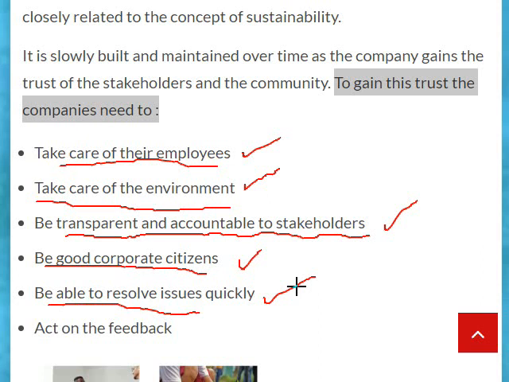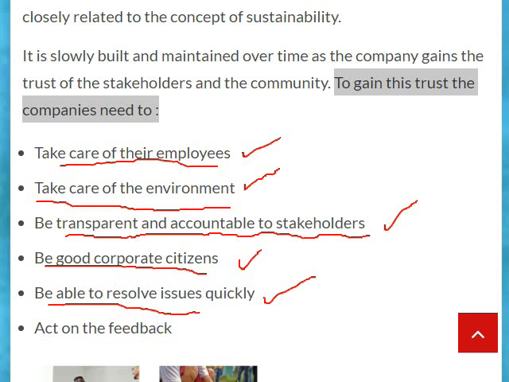The amount of time that the issue gets highlighted in the news, the media or otherwise in the general public, it will keep eroding the company's image, and consequently it will also erode the trust of different stakeholders, the general public, and the community in that particular business.